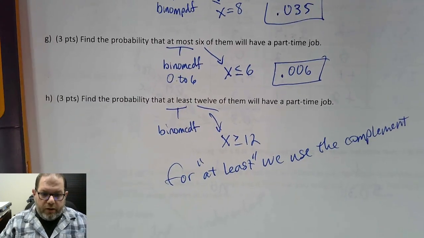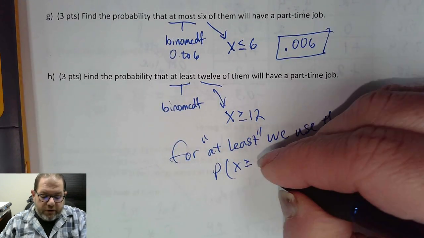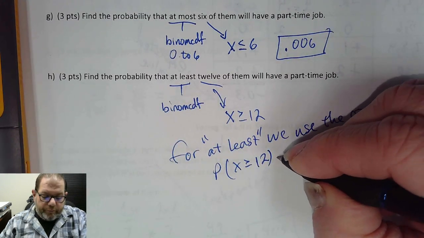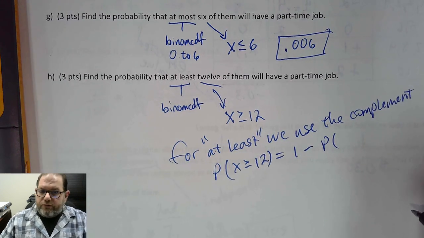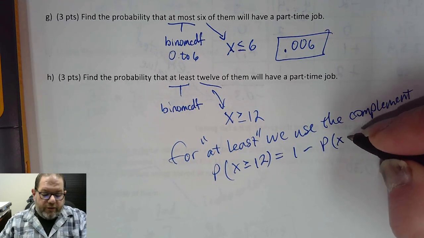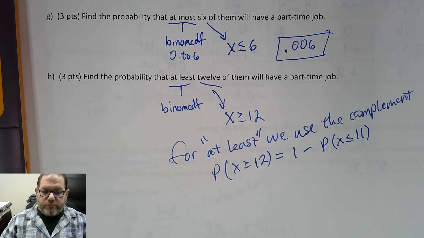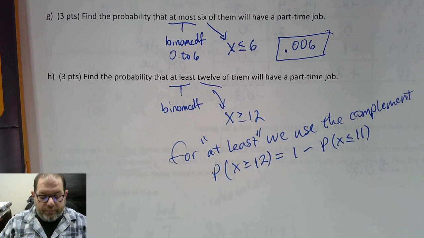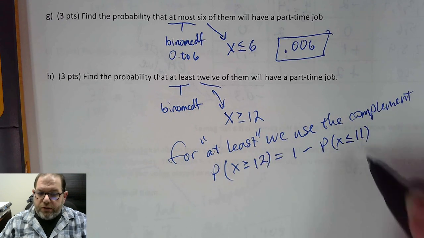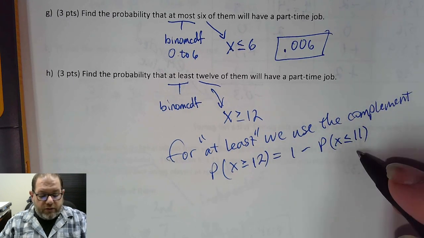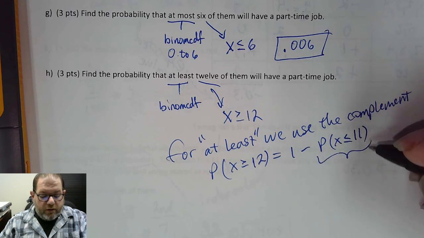Okay. Now, so we want the probability that x is greater than or equal to 12. Well, what is the complement of that? Well, if it's not greater than or equal to 12, that means it has to be less than or equal to 11. Okay? Because the opposite of 12 or more is 11 or fewer. And so this is what we can find now with our binomial CDF.